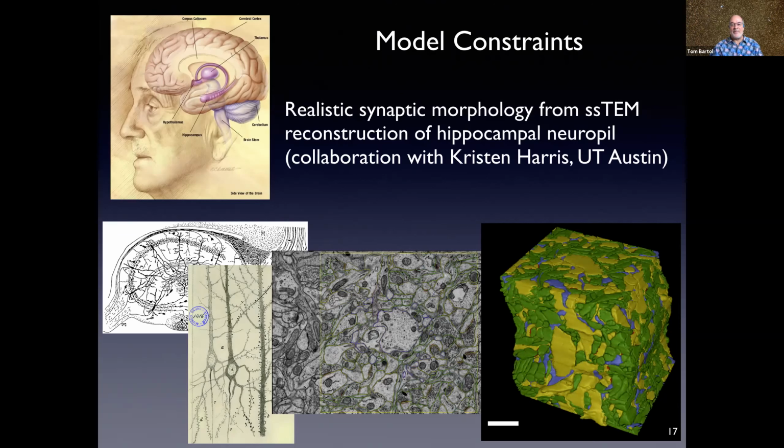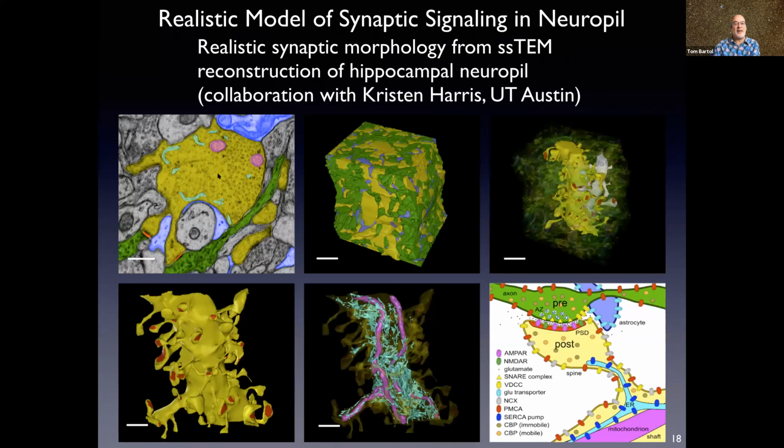And all the plasma membranes of all the cellular structures in this were reconstructed by hand, by tracing by hand the outlines of all the cells there to create this 3D reconstruction, where yellow are dendrites, green are axons, and the blue is astrocytic glia. And here's showing that segmentation.